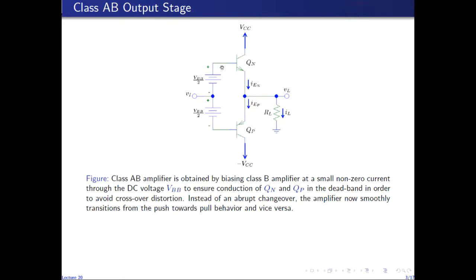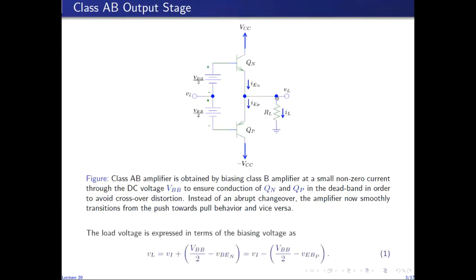As I will show, this ensures the conduction of Qn and Qp in the dead band of the VTC in order to avoid the crossover distortion. So instead of an abrupt changeover, the amplifier slowly and gradually transitions from the push towards the pull behavior and vice versa.